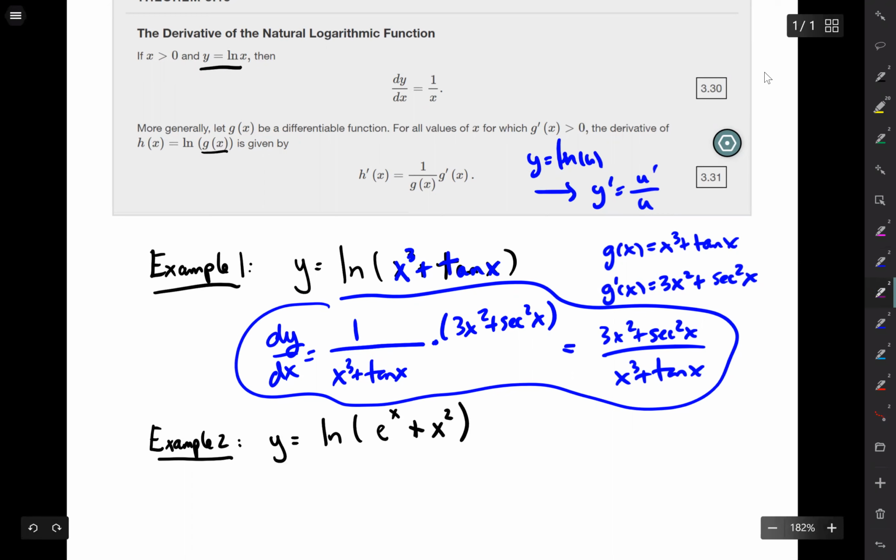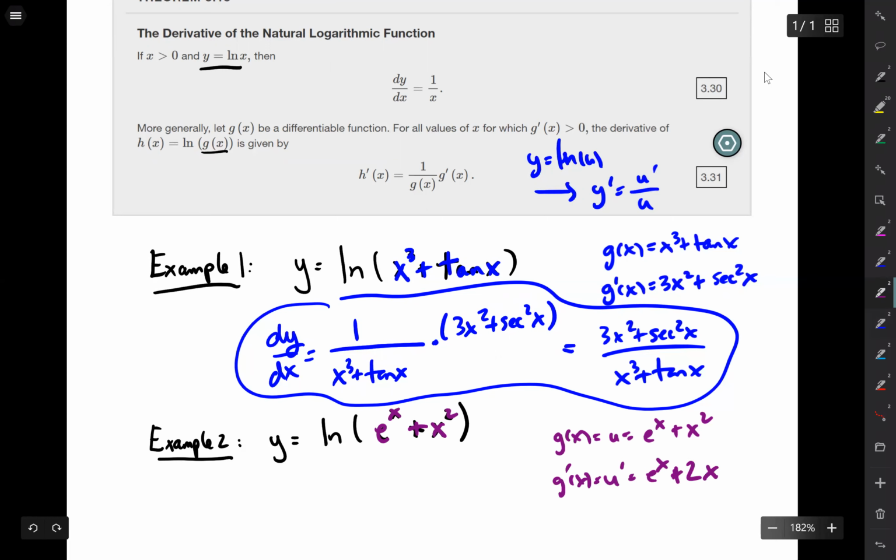Okay, so the next example is natural log of e to the x plus x squared. So again, g of x, or you can write it as u, is e to the x plus x squared. That's what's on the inside of the natural log. And then u prime or g prime is going to be e to the x, the derivative of e to the x is e to the x, plus 2x.